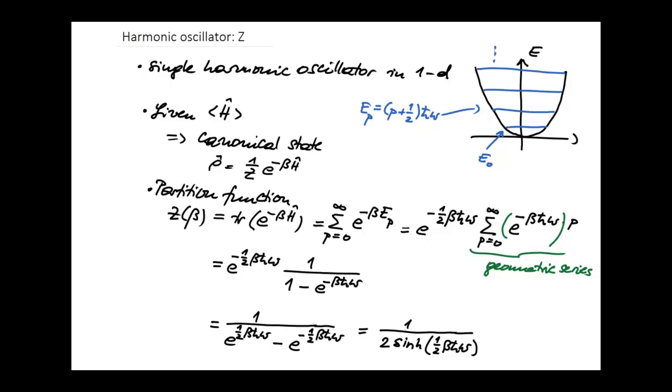Now, as I told you, once you have the partition function, then basically the formula for the partition function already contains all the thermodynamic properties. So from there you can develop and derive all the interesting thermodynamic relations. So let's do that in this example of the harmonic oscillator, and let's derive from this partition function a few interesting thermodynamic properties.